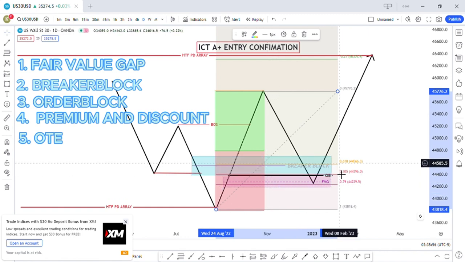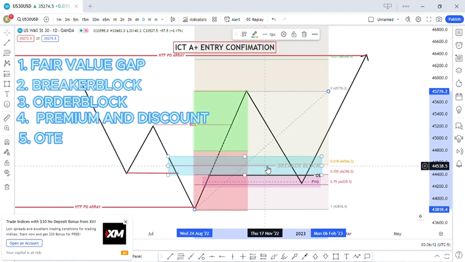OTE level is anything between the 0.618 and 0.79. The 0.705 is the 50% of the OTE, which, if you look at this, you realize there's a line in the breaker. This is the 50% of the breaker, and this is the 50% of the fair value gap.